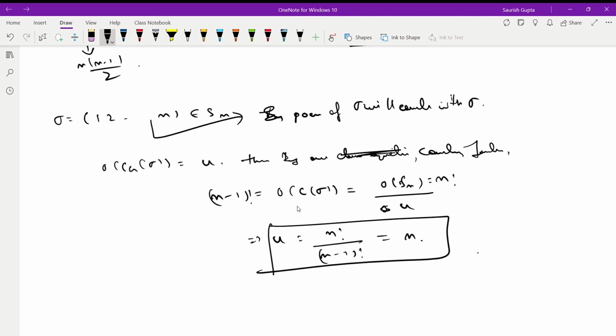And we also have that the only possible number of elements which can commute with sigma is n. Therefore the only elements which commute with sigma are its distinct powers, right? Clear?